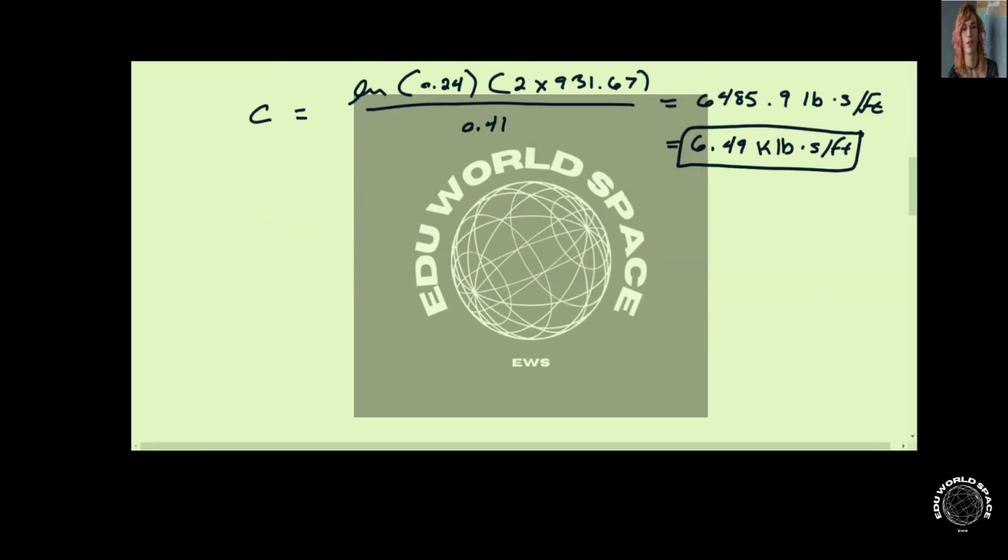And now I've got to do B. For B, we have your frequency omega d squared equals k over m minus c over 2m squared. For this, we're just going to plug in all the information that we had above.